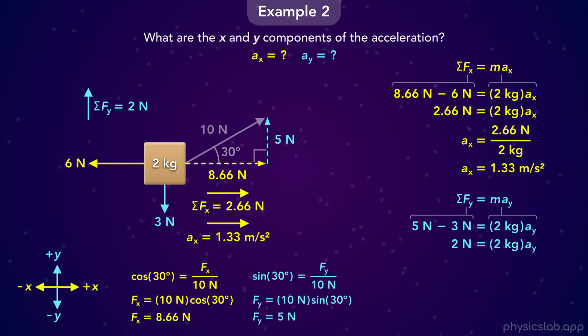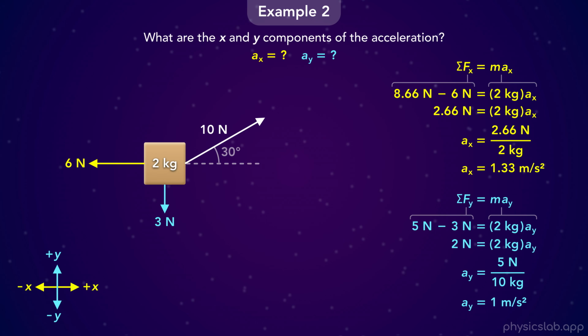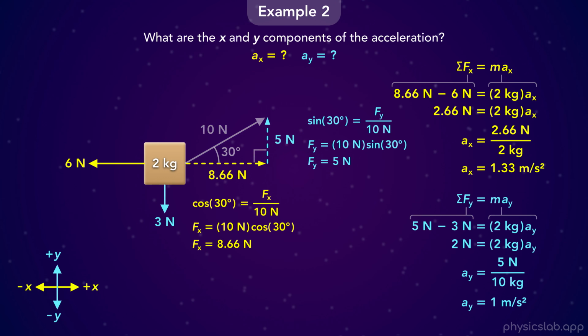The net force becomes positive 2 newtons, and that gives us 1 meter per second squared for the acceleration in the y direction. So that's how we work with Newton's second law when there's a force at an angle. We find the x and y components, and we use those instead of the original force.